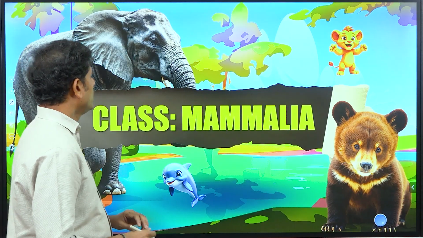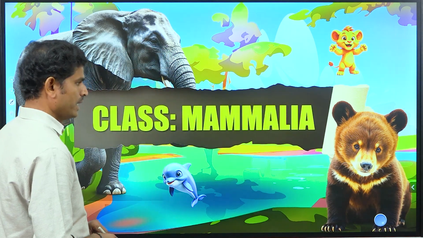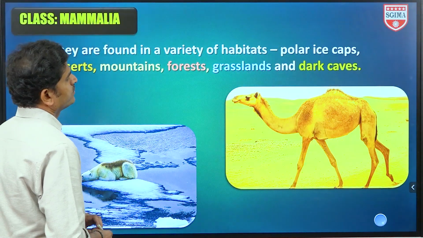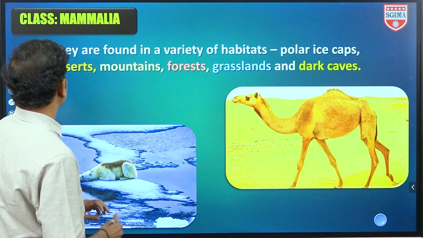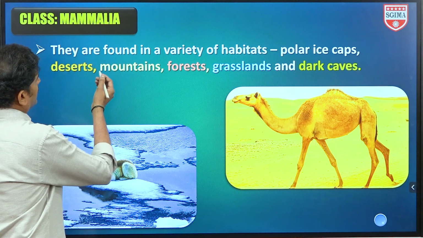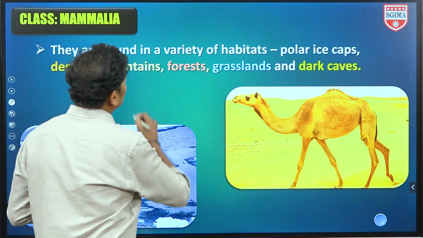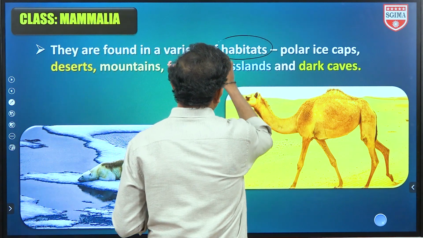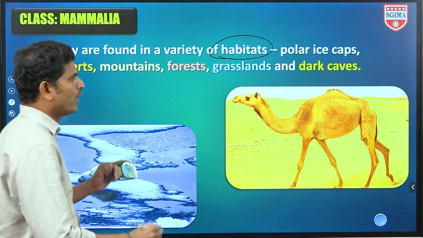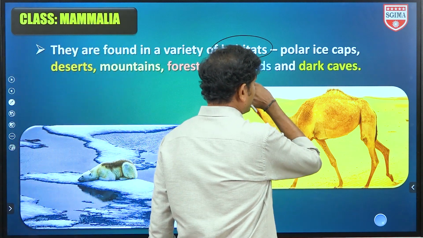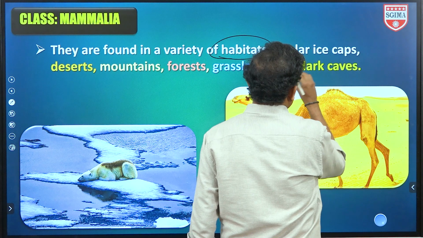Next one, the last class of Vertebrata, Mammalia. Let us see the characters they gave. So first slide, mammals are found in a variety of habitats. Habitat means life supporting zone or living area, that may be polar regions, ice caps.